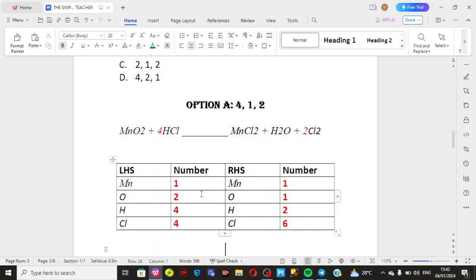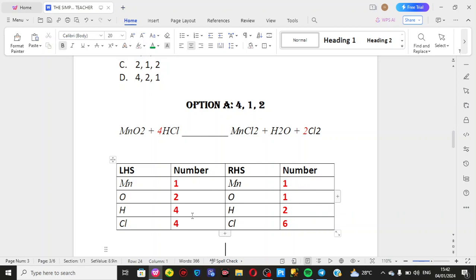How many oxygen can you see from the left hand side? Remember, LHS means left hand side, RHS means right hand side. So the oxygen, we have 2 atoms of oxygen at the left hand side. Now at the right hand side, how many do we have? We have 1. Now from there you know that the equation is not even balanced.